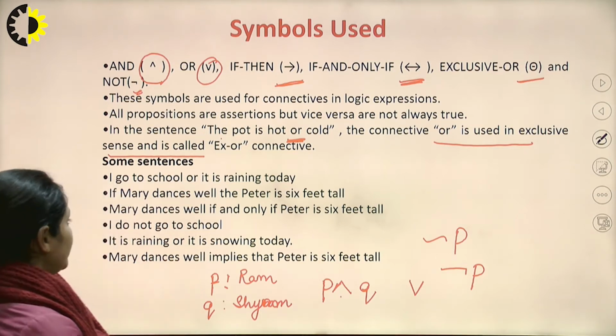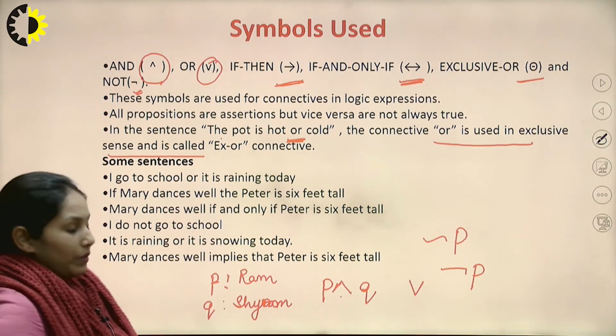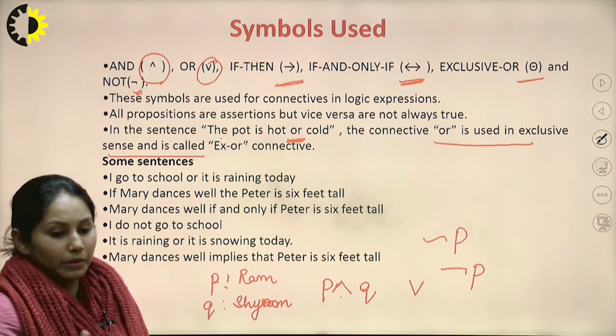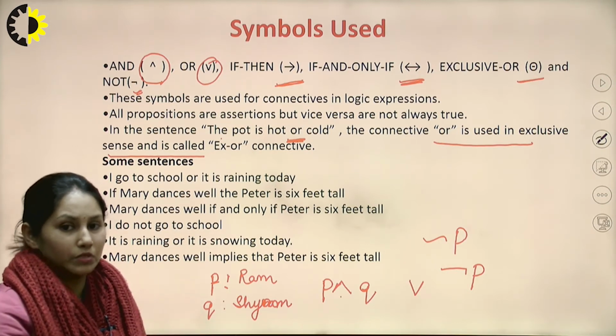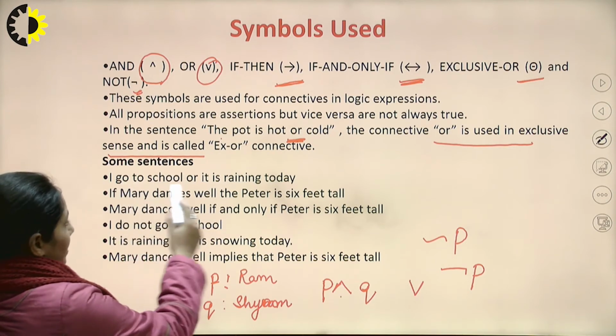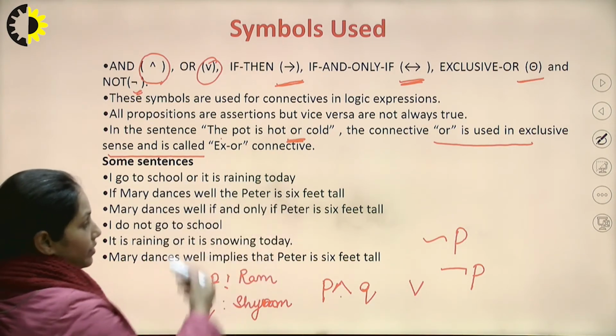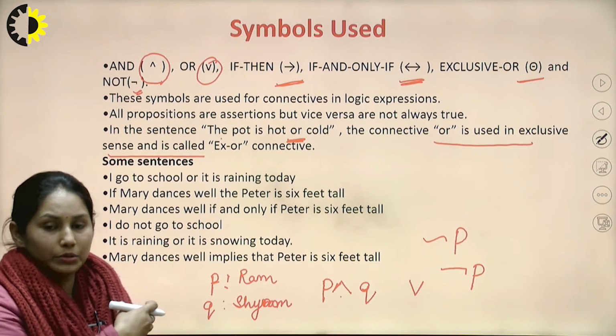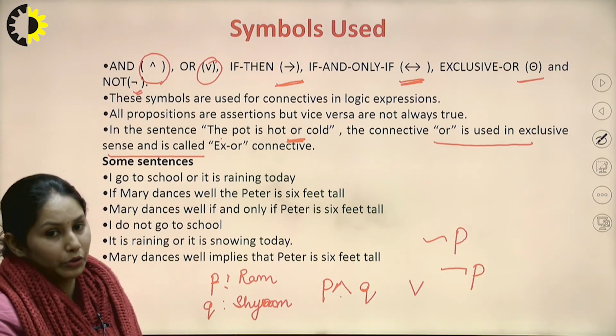Fine. Let's take another example in which we will be deducing these particular statements into the mathematical or logical form. So, I go to school or it is raining today. If I want to deduce this particular sentence, then how am I going to write it?